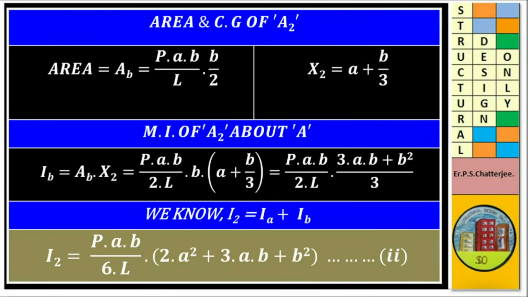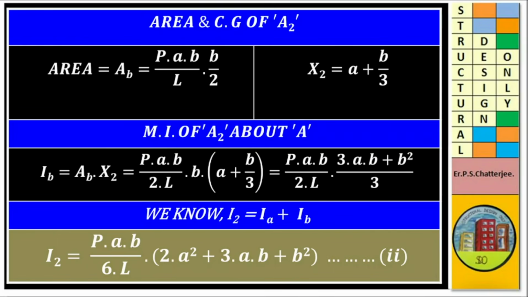Moment of this A2 is equal to I2, which is A2 into x2, equal to P into A into B by 2L into B into A plus B by 3 within bracket, which is equal to P into A into B by 2L into B into 3A plus B by 3.